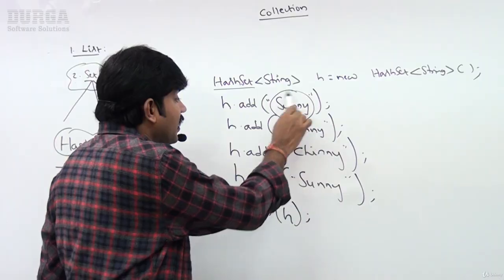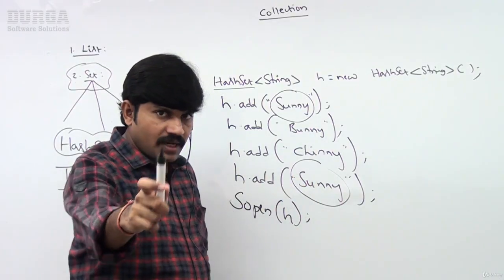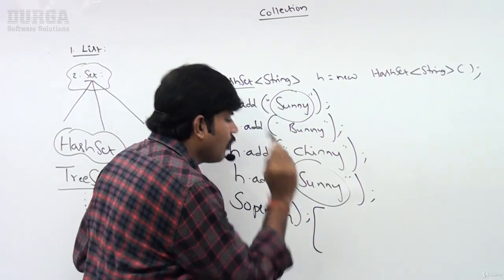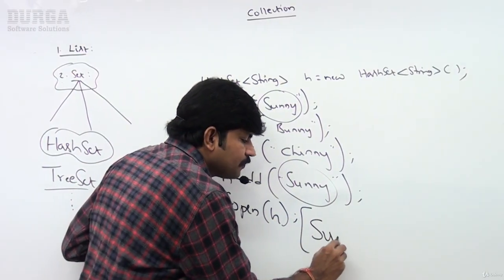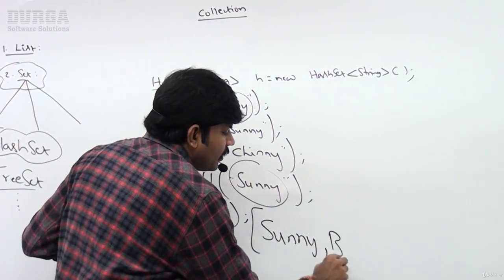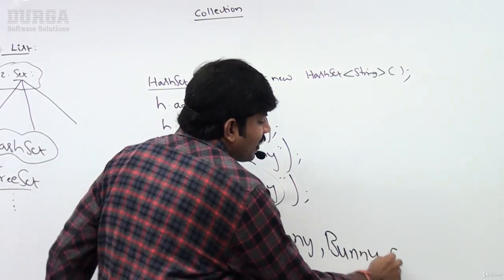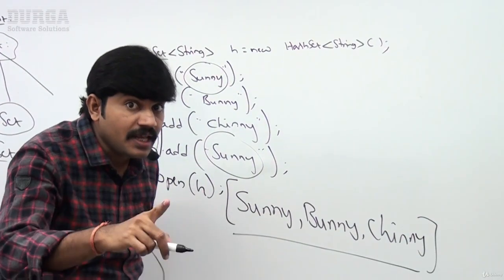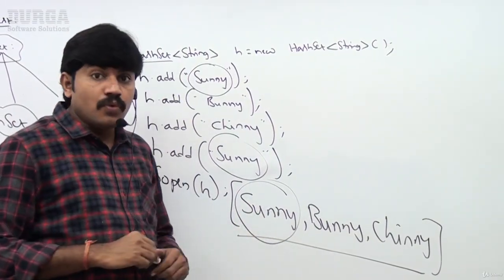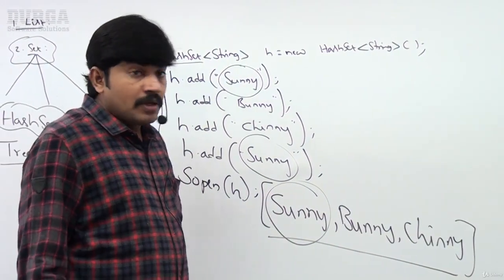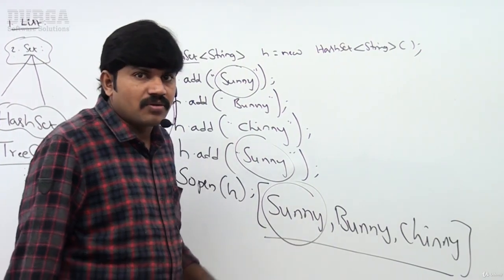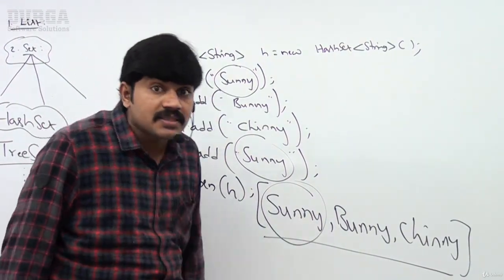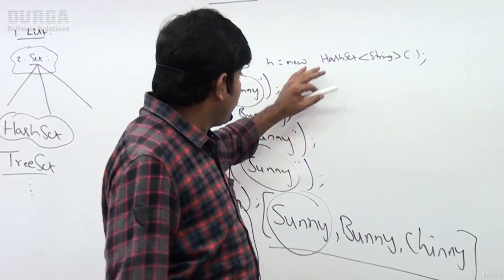Even though we are adding Sunny 2 times, Sunny is going to come only once. Remember this. That's why the output has Sunny once, then Bunny, then Chinny. But in which order these objects are going to come, sorry, I can't give a guarantee, because this is nothing but the set concept, right? Clear? Let me execute this code.